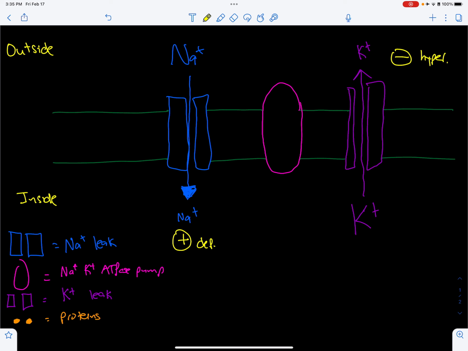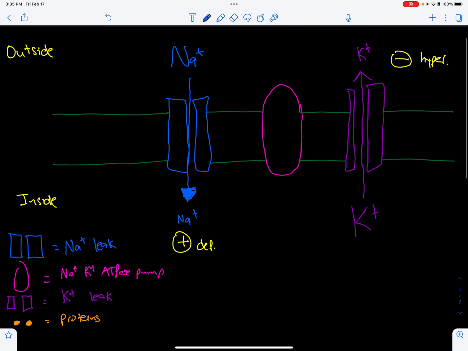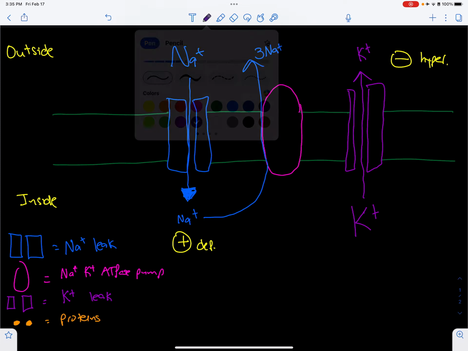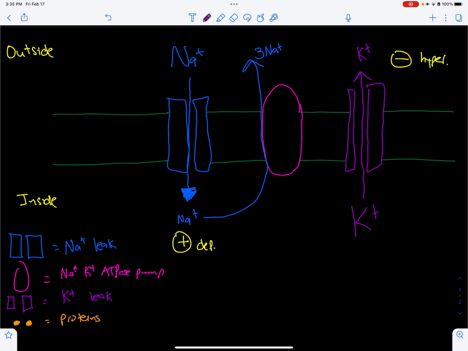All right, and then next we've got the sodium-potassium ATPase pump. The pump is actually what maintains membrane potential, because the sodium that goes inside the cell is immediately pumped back out via the pump. We have 3 sodium that leave the cell, but it also involves potassium, and so 2 potassium come back into the cell.